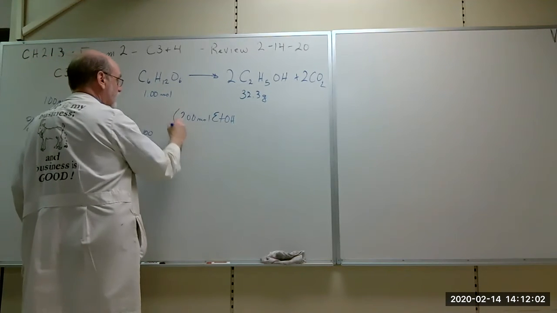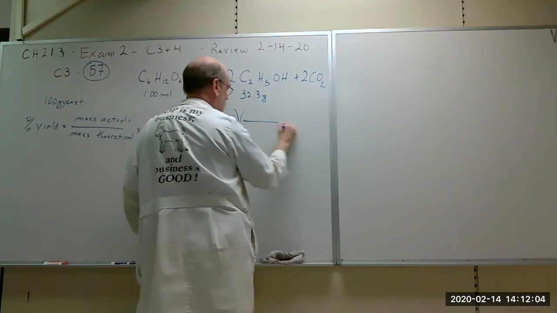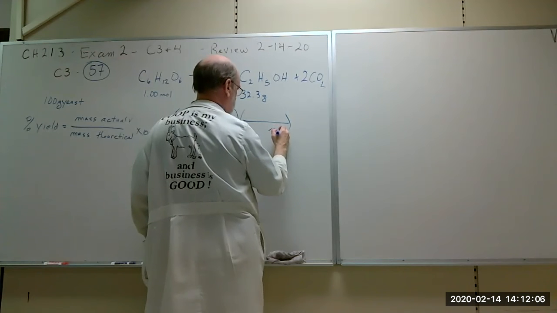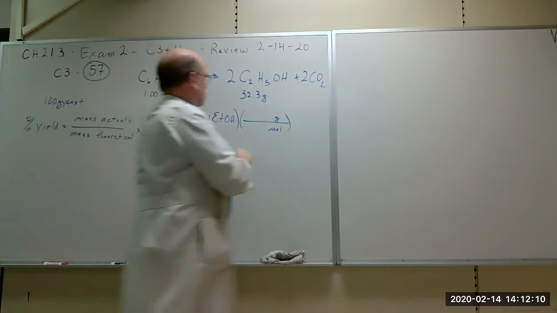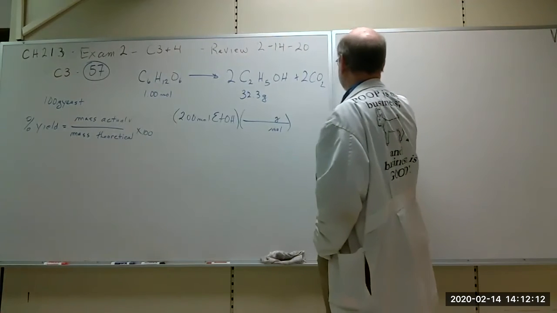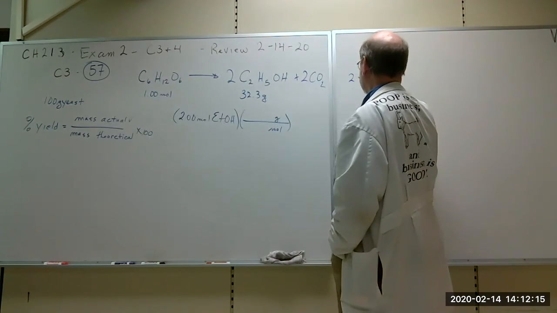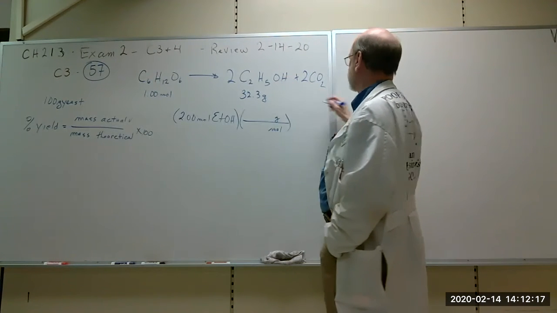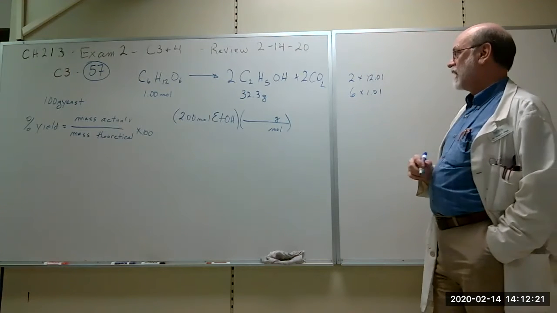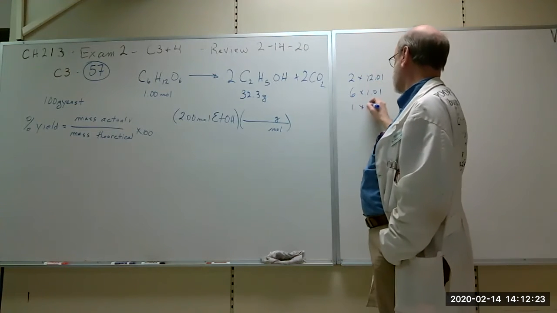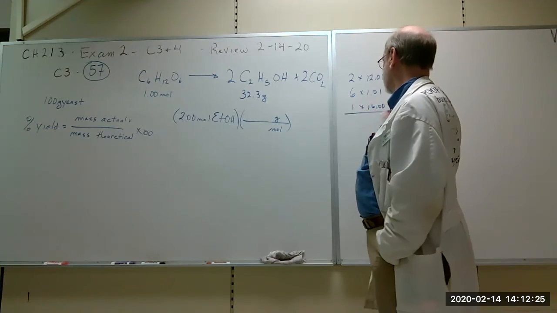So we can convert that 2 moles to mass. All we need is the molar mass, right? So let's see, we get 2 carbons, right? And we've got how many hydrogens? 6. There. And we have 1 oxygen. So just add those together.